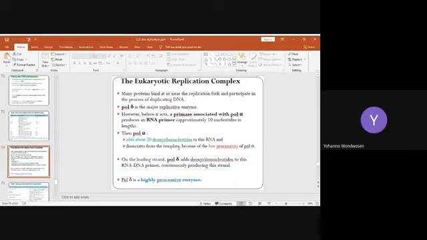In most conditions, an RNA primer of about 20 ribonucleotides is enough to initiate the synthesis of new DNA, or enough to initiate the DNA polymerase activity.